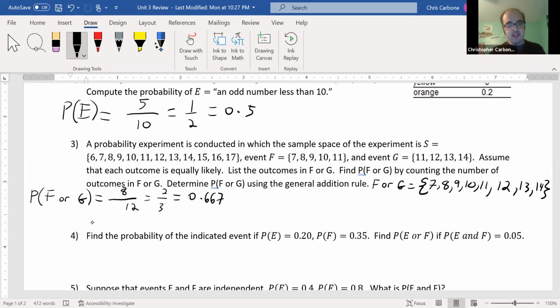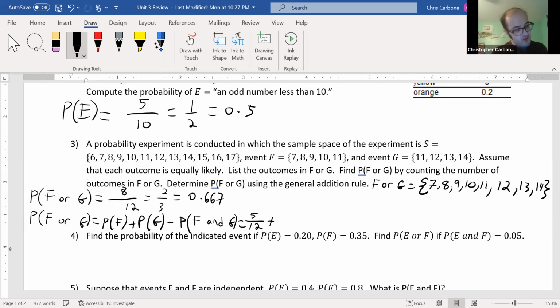And then finding the probability of F or G using the general addition rule. It's the probability of F plus the probability of G minus the probability of F and G. So in the fractional format, there is a total of 5 numbers in F, divided by the total number of the sample space, which is still 12, so 5/12.